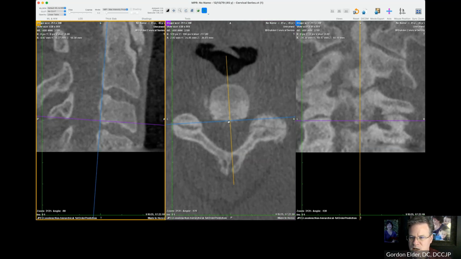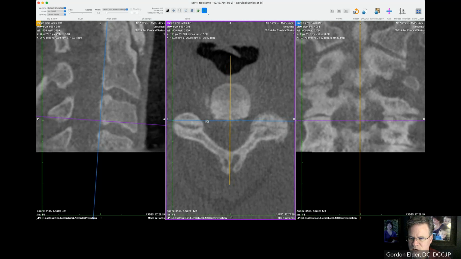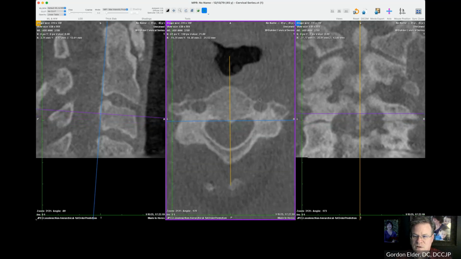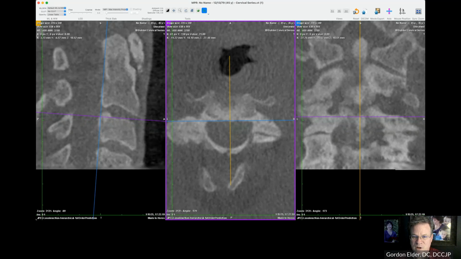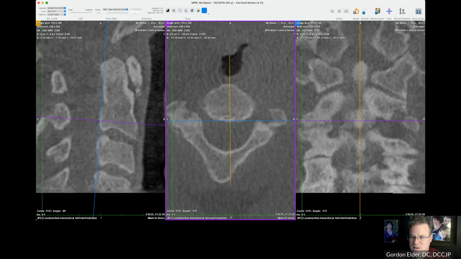The other thing is you can do a neural canal study. So we can actually just move up and down the neural canal and see if one of the bones rotates. If it rotates, then we have to determine, is that because of the way they're shaped, or is it because of a misalignment on the left or on the right? Sometimes if you have a misalignment on both sides, it's not going to rotate and it'll have moved forward on both sides. So here we're looking at C2.